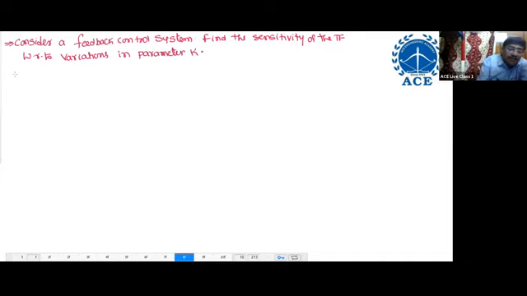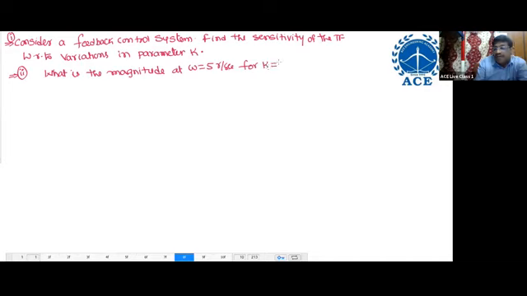This is the first part. The second part is: what is the magnitude at omega equal to 5 radians per second for k equal to 1?